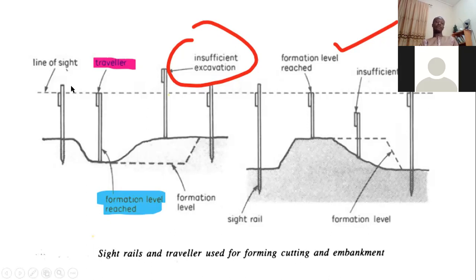So you have about four of them here, 1, 2, 3, 4, right on the left hand side. Which one of them is traveler? Which one of them is site rail? How do you prove that? Definitely this one is a traveler, or this one is a site rail. I don't know.